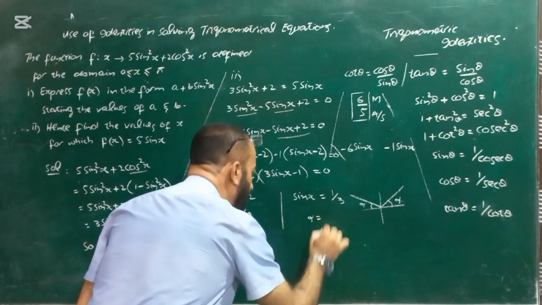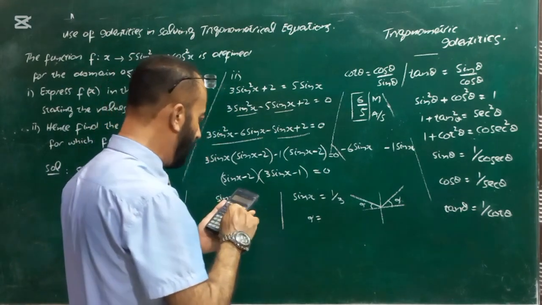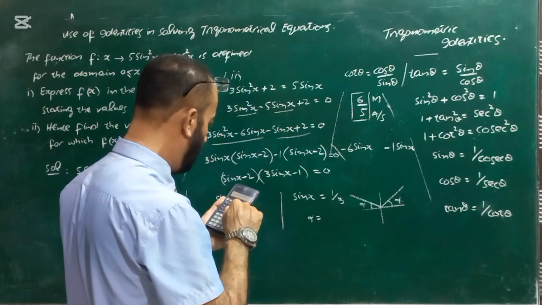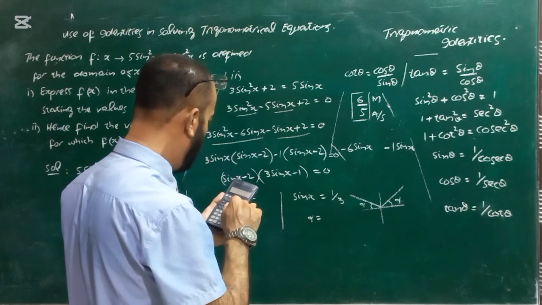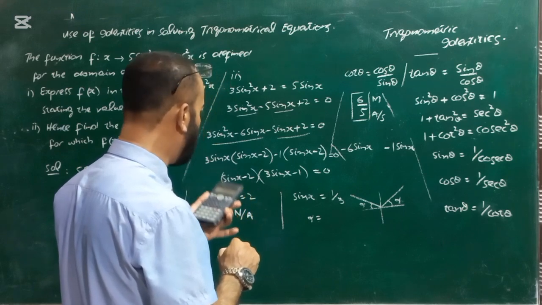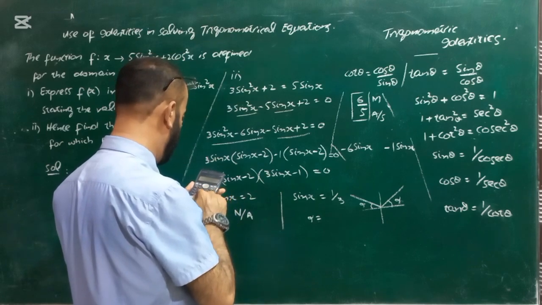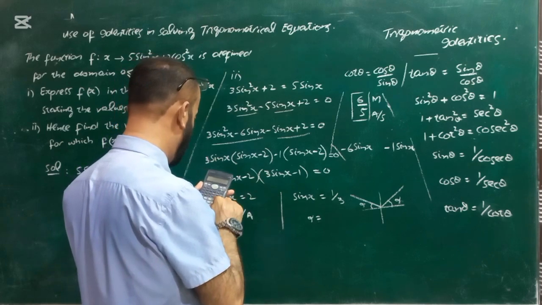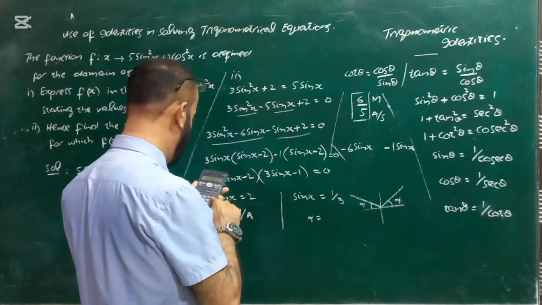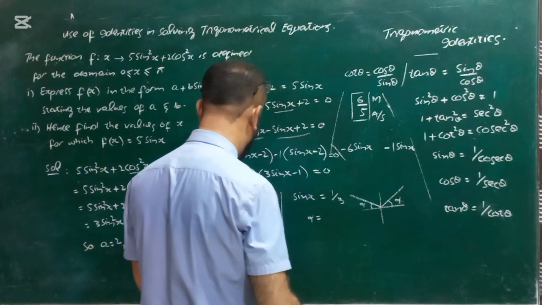So alpha will be equal to, first change your calculator into radian mode. So I have changed my calculator into radian mode. So sin inverse 1 by 3 is equal to 0.34.